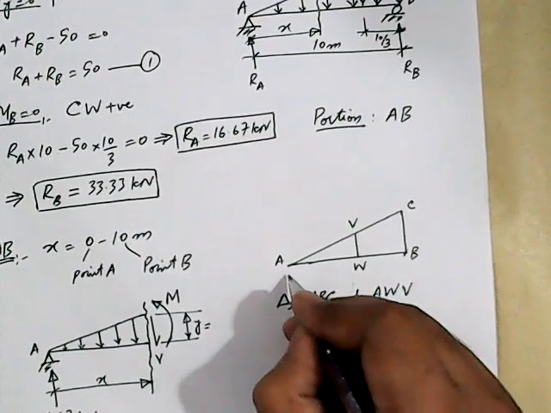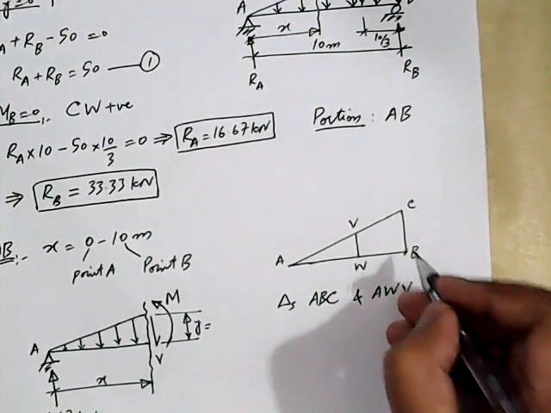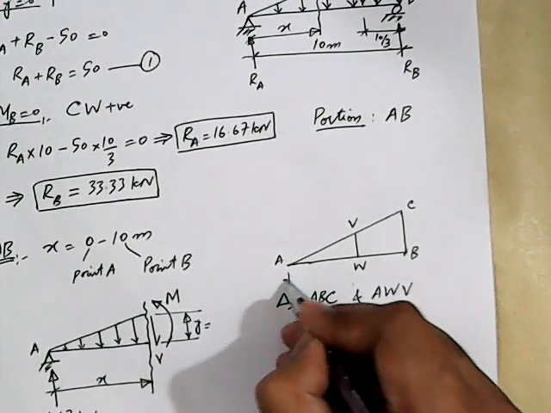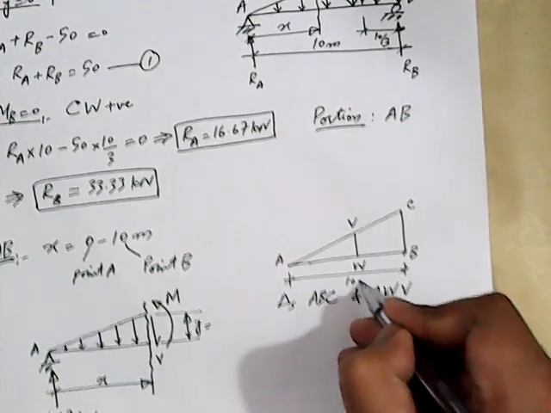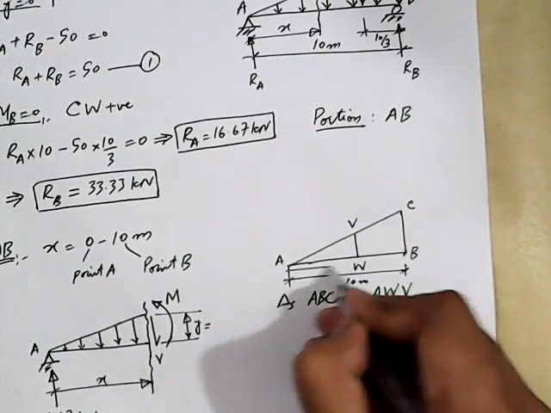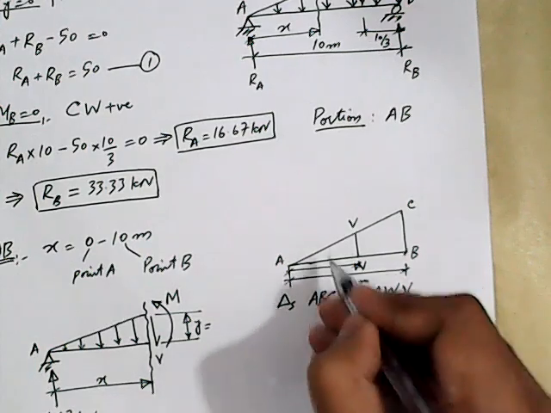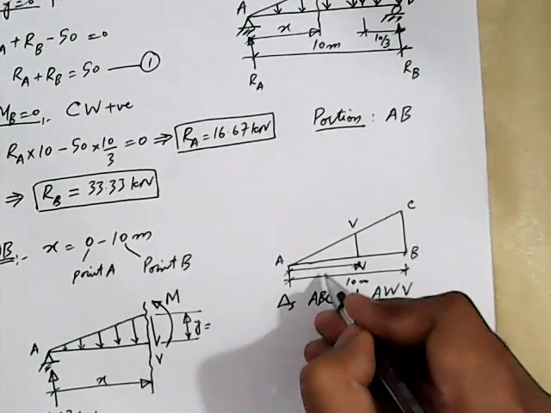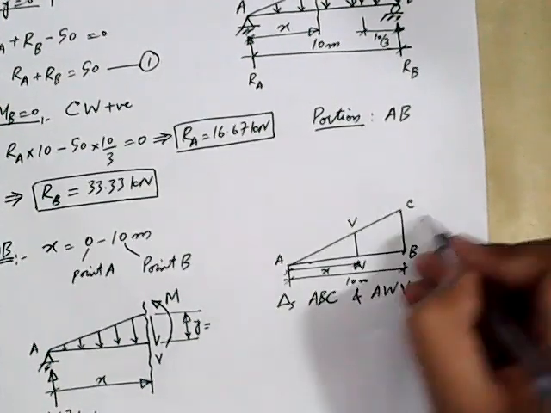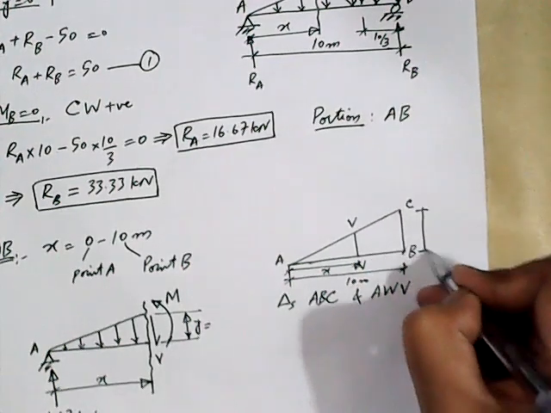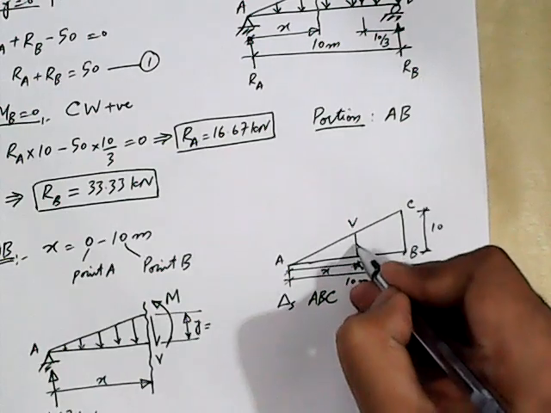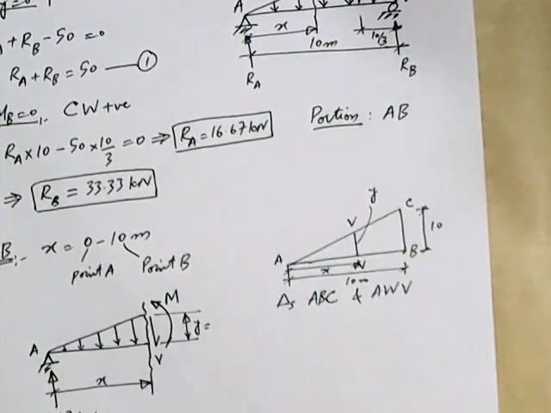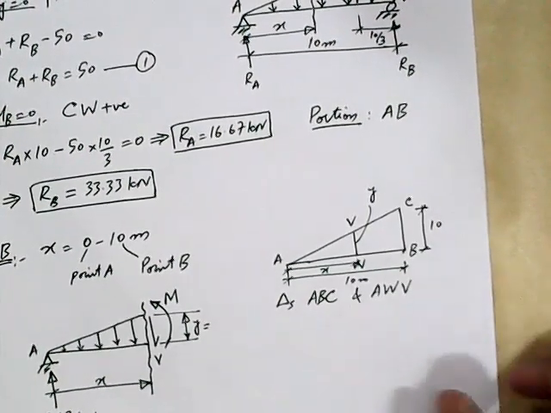do we know the side AB? How much is side AB? It is 10 meters. Do we know AW? According to our nomenclature, this AW is X. Do we know CB or BC? This is 10. And what do we want to calculate? We want to calculate this Y or VW.